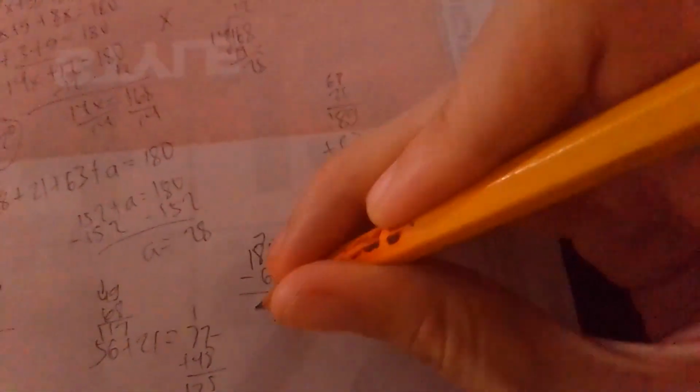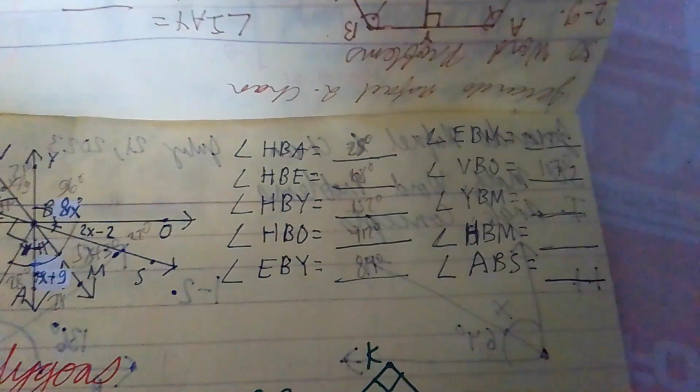We'll see if you can get the same answer. Right, 117. Next, VBO. For VBO, yup, that's 21 plus 96. That's 117 still. Right? It's like vertical angles of this one and this one, right?